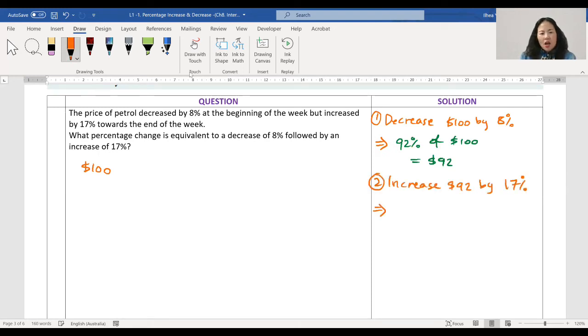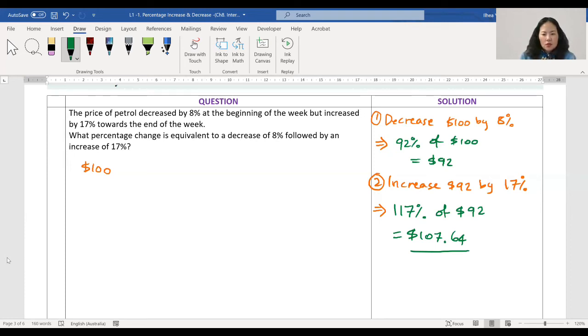Now 117% of $100 or 92? 92. So if you do that, you will get $107.64.